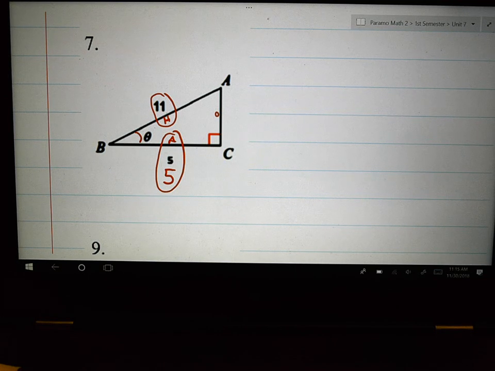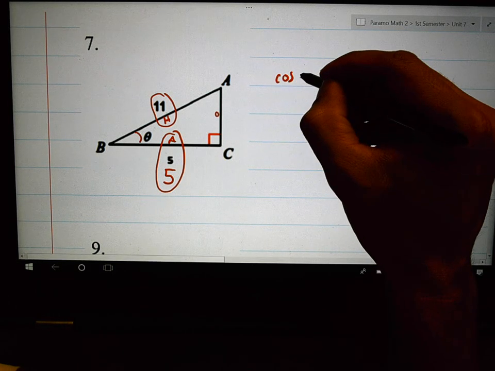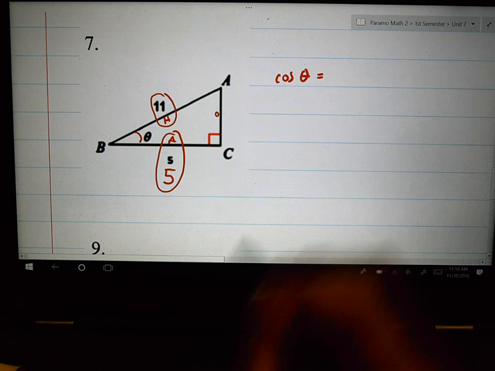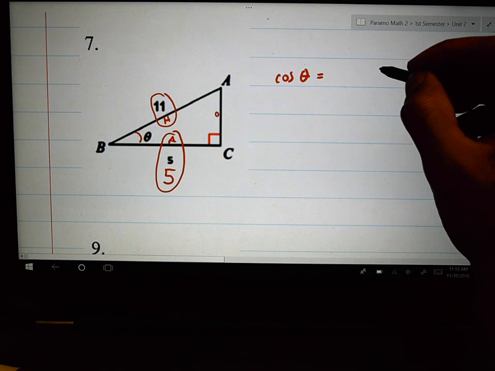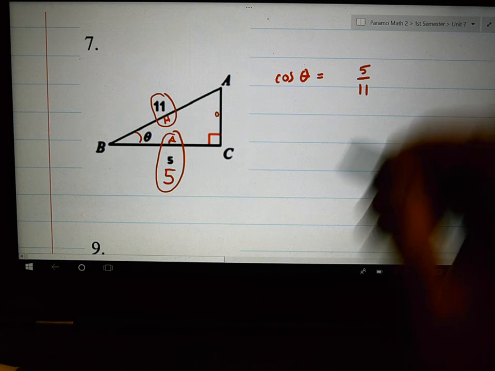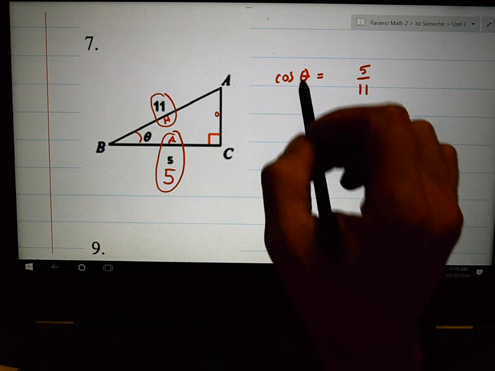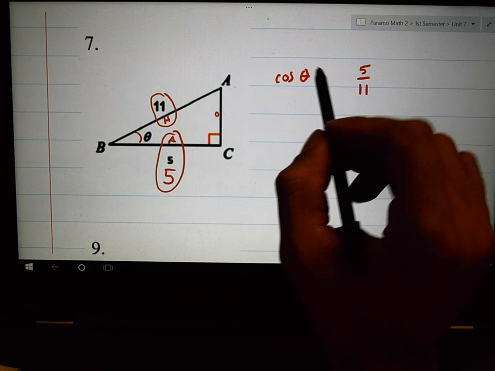And then I have to decide, am I using sine, cosine, or tangent? Cosine. Of what angle? Of angle theta, we don't know what that is equal to, the A over H. Now I want to know how many degrees theta is, so I have to get rid of cosine.